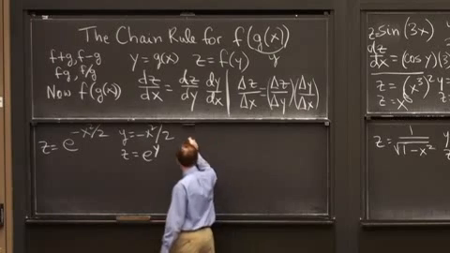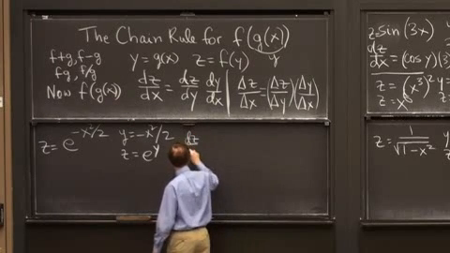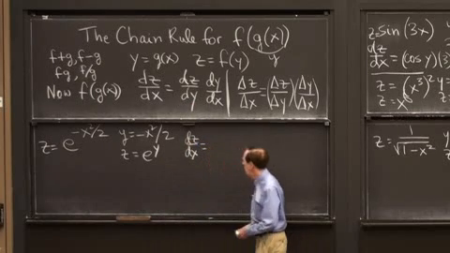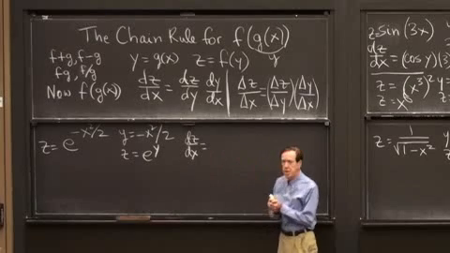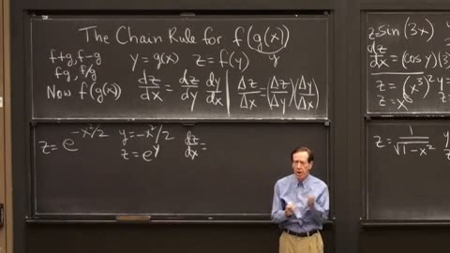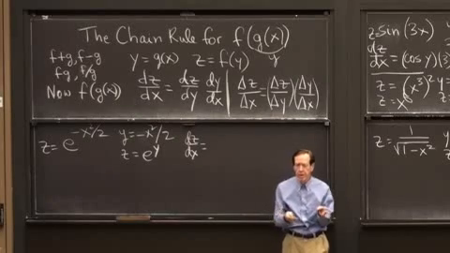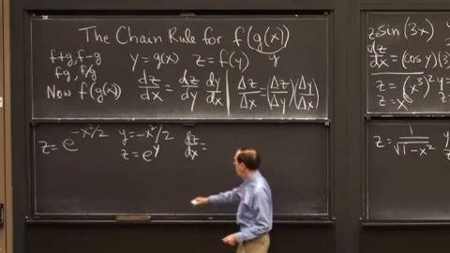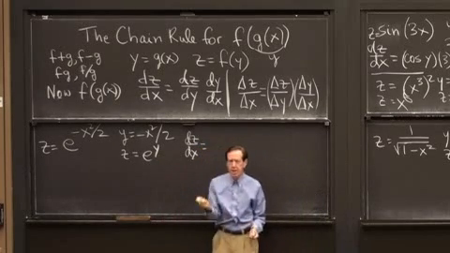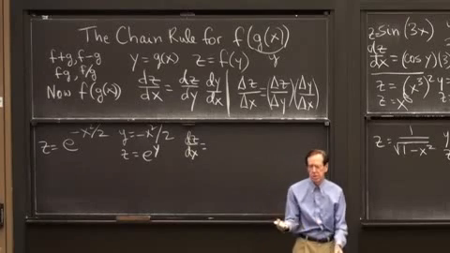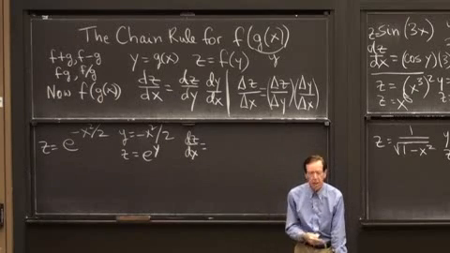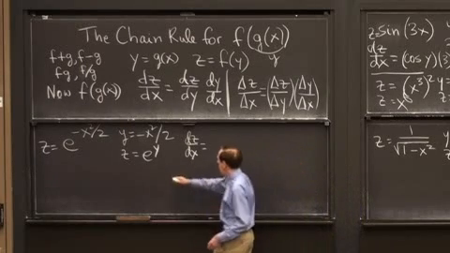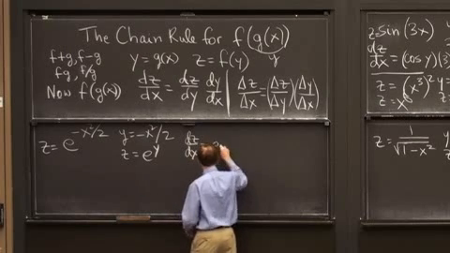So dz dx, let's use the chain rule. Again, it's sitting right above. I'm going to take the derivative of the outside function, dz dy, which is e to the y, and that has that remarkable property, which is why we care about it, why we named it, why we created it: the derivative of that is itself.